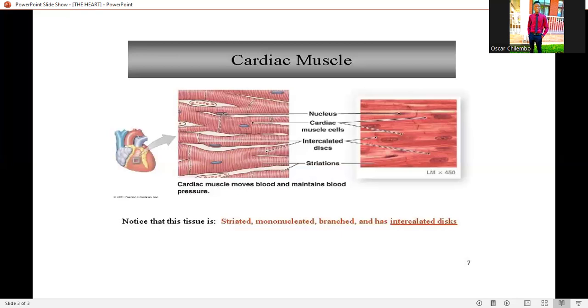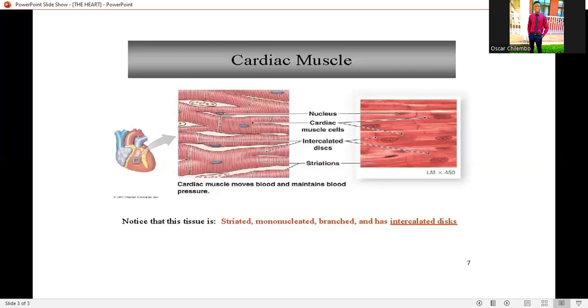So syncytium is nothing complicated; it just describes the ability of the atria to contract together during systole and the ventricles to contract together during systole. Why? Because they have intercalated discs, so they are firmly attached.